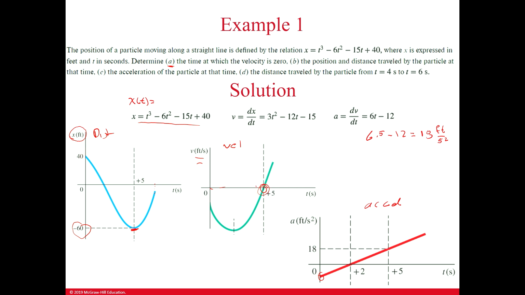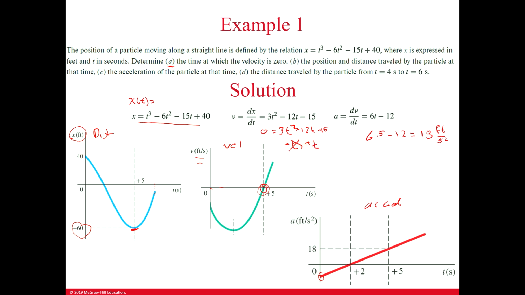A lot of times you're gonna have to find when that is happening. So we know it's 5 because it's crossing 0, or here this is equal to 0, and then solve for the roots. This is going to give you two roots, but I can tell you that one of them is going to be negative and the other one is going to be positive.